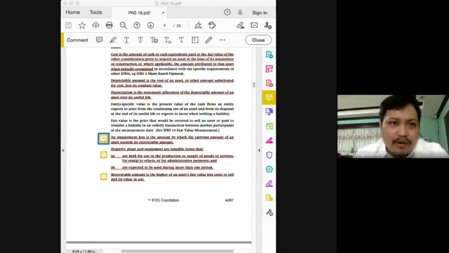If the recoverable amount is not given outright, then you will have to determine it yourself. And the recoverable amount is either the fair value less cost to sell or the value in use. And you choose the higher between the two amounts.